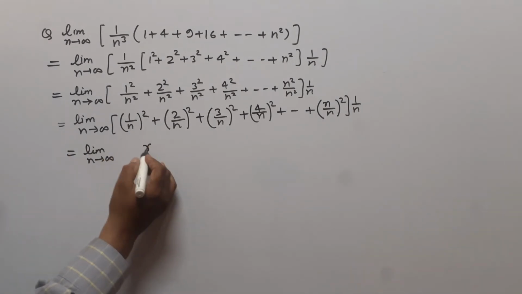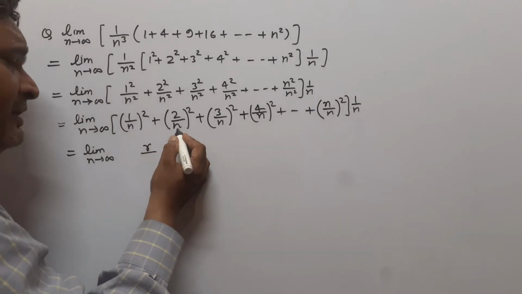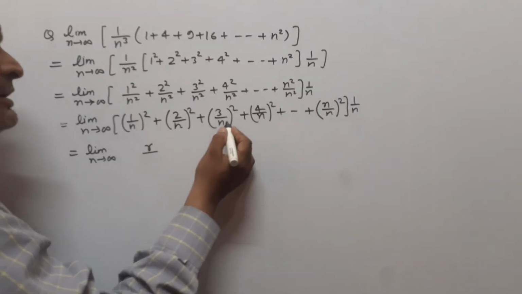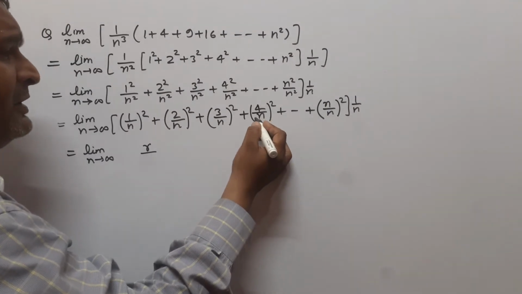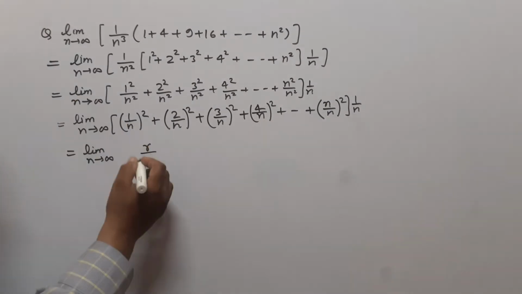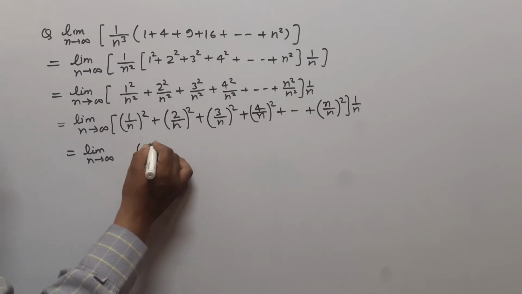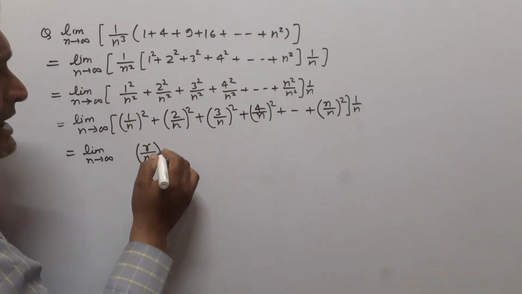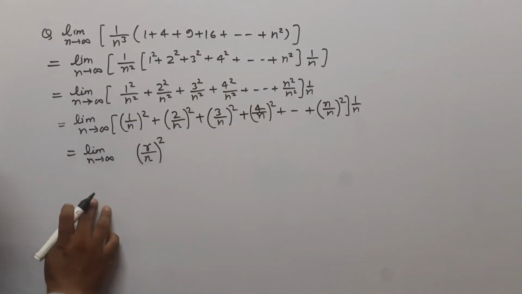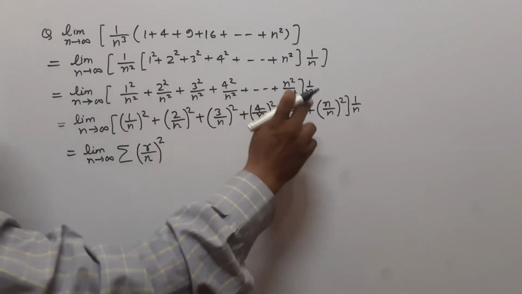In the first term the denominator is n, in the second term the denominator is n, in the third term the denominator is n, in the fourth term the denominator is n. So in the rth term n will be in the denominator, and in each term there will be a square. So in the rth term there will also be a square, and this is the compact form of the sequence.